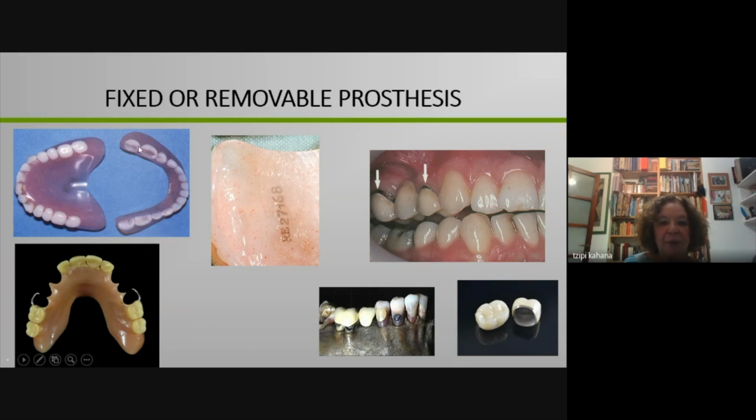The important thing about these removable prostheses is that many times the technician making the prosthesis will mark it with a reference number or some kind of marking with his name or the name of the patient. And this is very usable for identification later on.